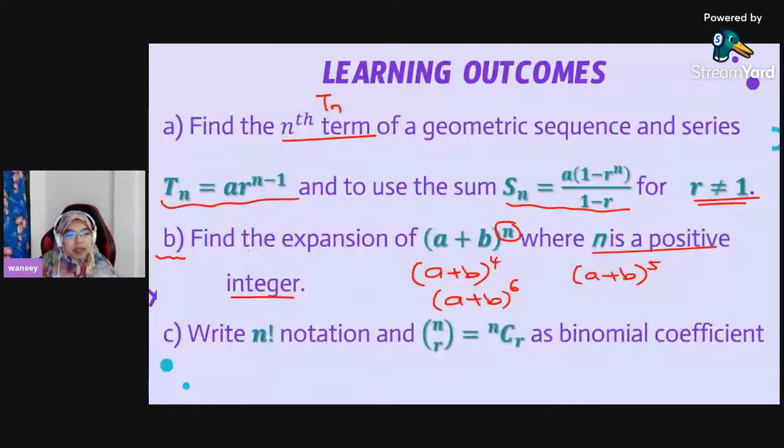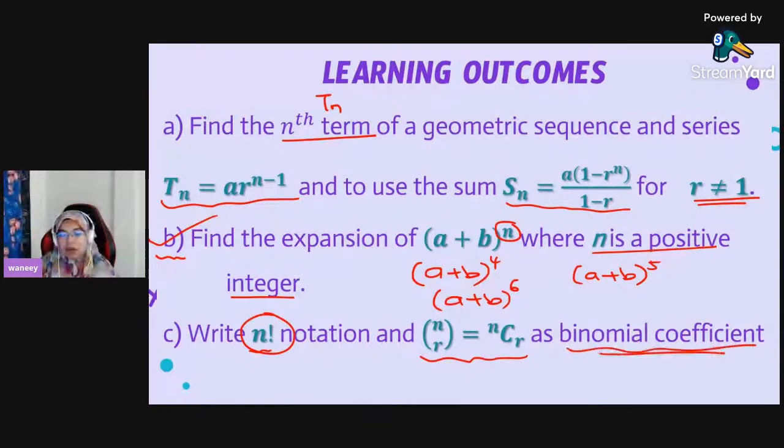Then write the n factorial notation. When you want to use the formula for the expansion, we are going to get something with a factorial. So you should be able to learn how to write the n factorial notation, and then write nCr, which is the binomial coefficient. In binomial expansions, we are going to have something called the binomial coefficient.